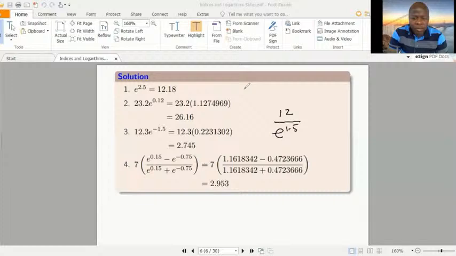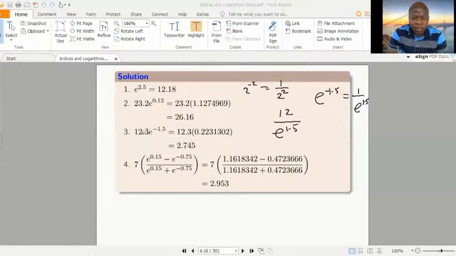We've already said that 2 raised to negative 2 can be 1 over 2 raised to 2. So the same thing, e raised to a negative number can be written as 1 over e raised to that number. So it can be written that way.